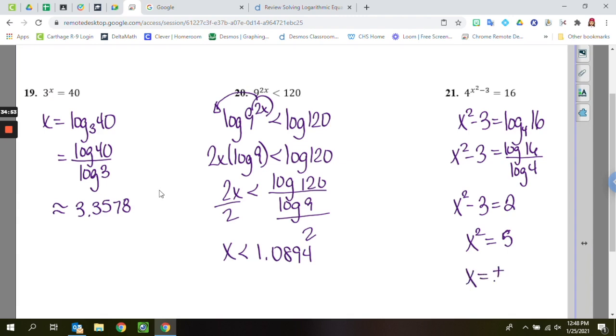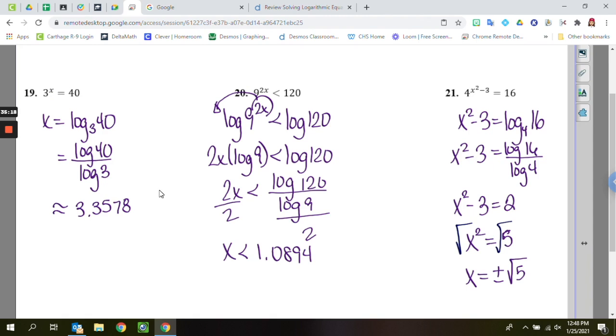So typically, once we take the square root of both sides, we leave it as a radical, plus or minus square root of 5. That's the exact answer. Now what you'll have on these is round to the nearest 10,000. So those 4 decimal places. So this one gives you a nice answer.